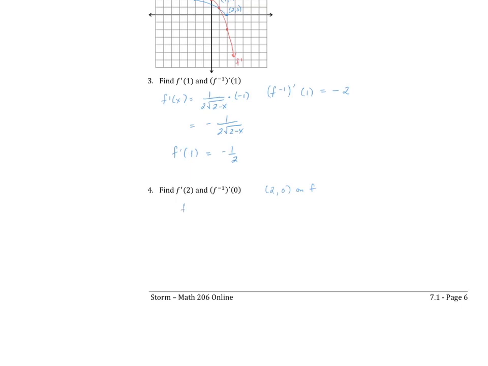So f prime of 2 is undefined, and I use DNE for does not exist. So what that means is if I were to find the corresponding derivative of the inverse function at 0, that also does not exist. Okay? So a little bit of a trick question there. And something just to remind you of is that typically when we're talking about differentiability of a function, we do not include endpoints anyway. Okay, so that's it.